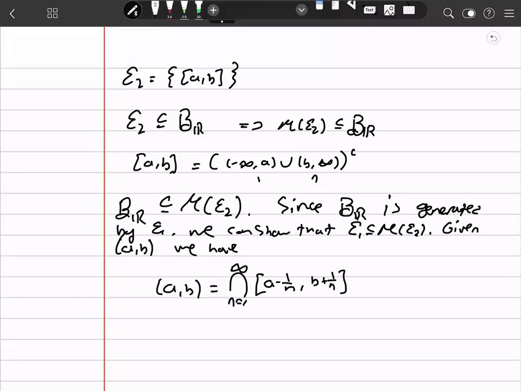This is a countable intersection of closed intervals, which is of course contained within M of E2. So this implies that E1 is contained within M of E2, which implies that the Borel sigma algebra on R is contained within the sigma algebra generated by E2.